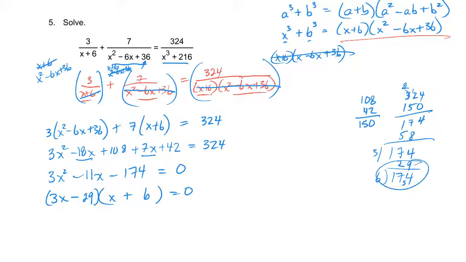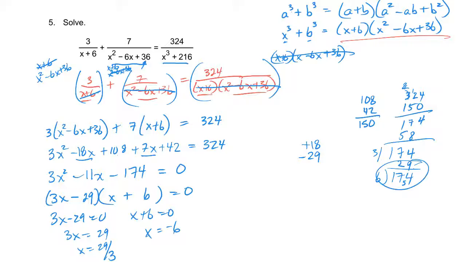So if I were to multiply that out, 3x squared plus 18, so plus 18 minus 29, yeah, that gives you negative 11. And then 29 times 6 is 174. So then either 3x minus 29 is 0, or x plus 6 is 0. So 3x equals 29, x is equal to 29 thirds. And on this side, x is equal to negative 6. Ooh, that's some pretty good work.